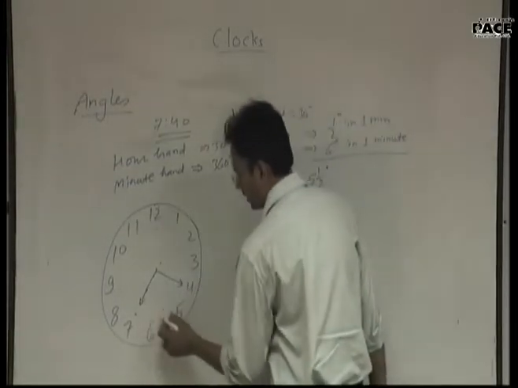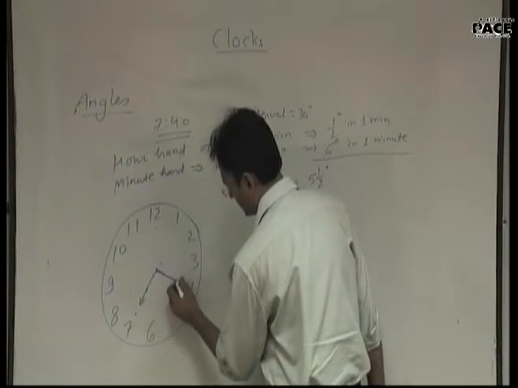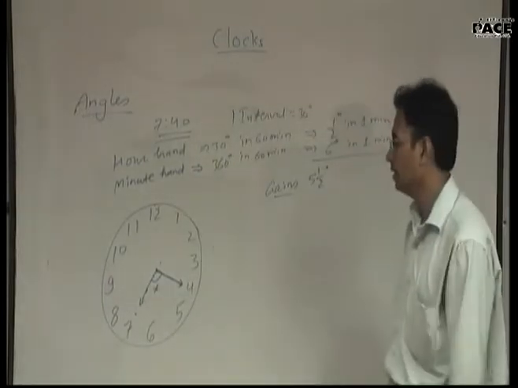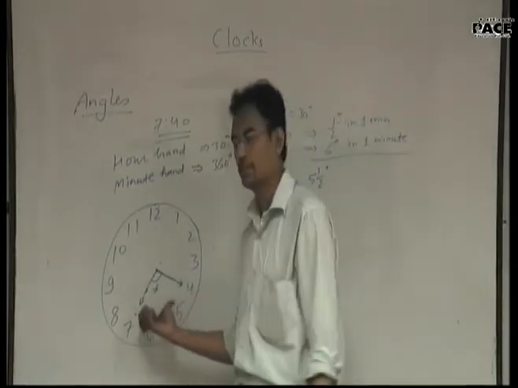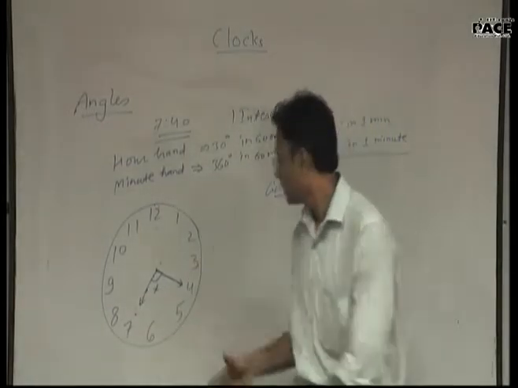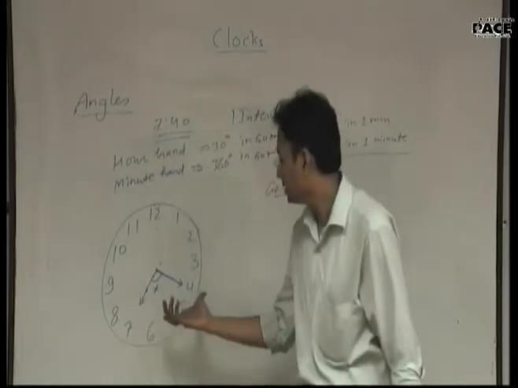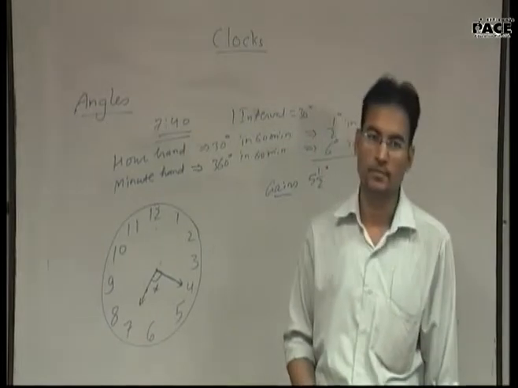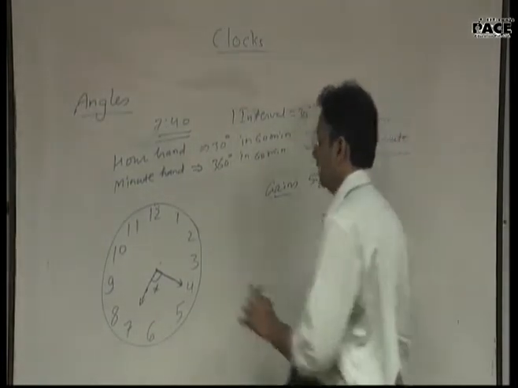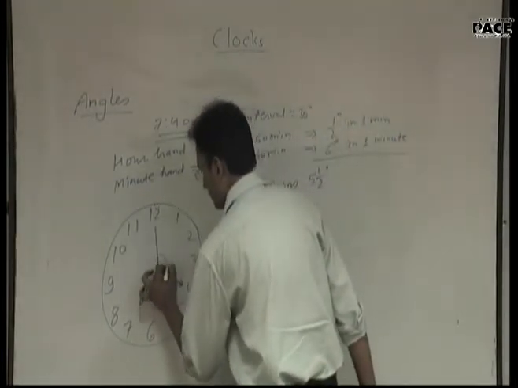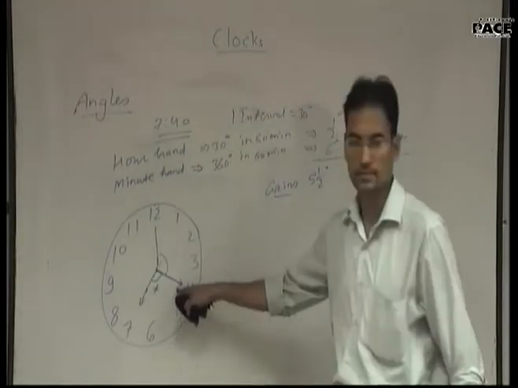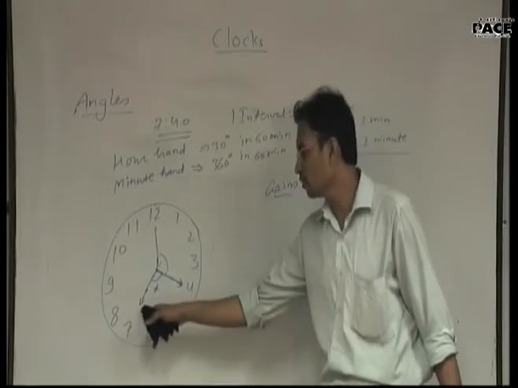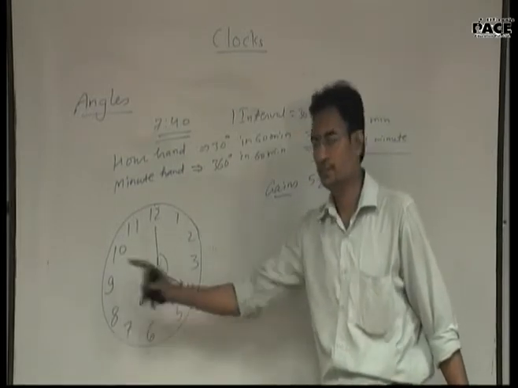So in this case, at 7:20, we need to find out this angle. Now, if we fix these two hands, we can outrightly say the angle is 90 degrees because of three spaces of 30 degrees each. But in 20 minutes, the minute hand moves from here to here. At the same time, the hour hand is also moving in this direction, clockwise.